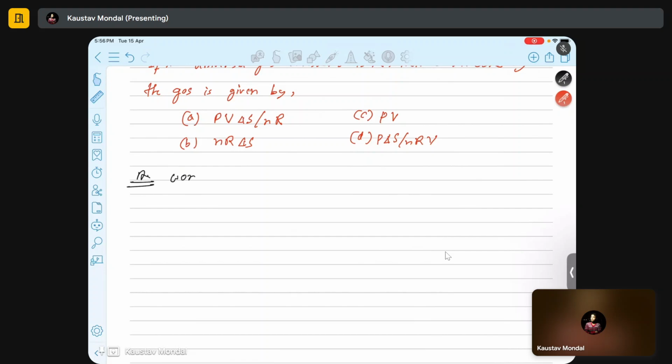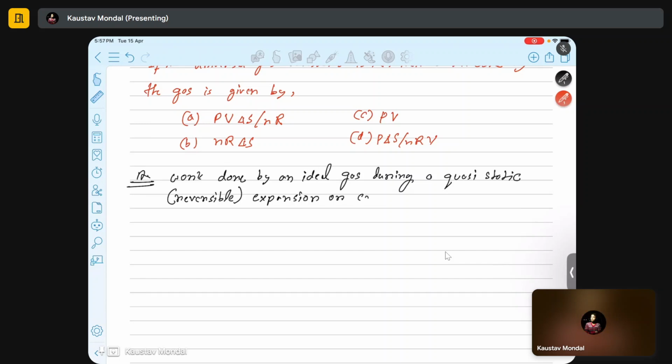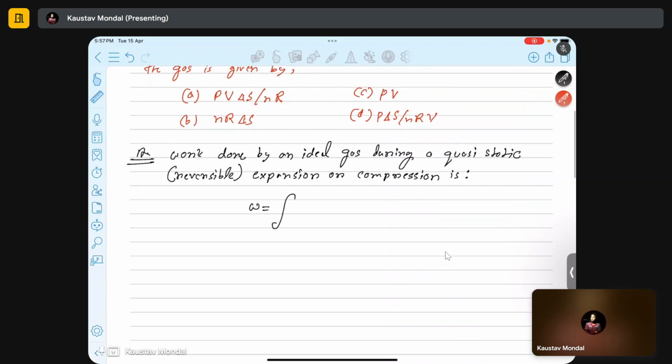Quasi-static means reversible expansion, right? The work done is the integral from Vi to Vf of P dV. Okay, this is the work done.